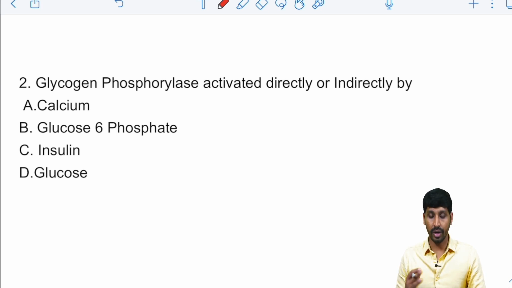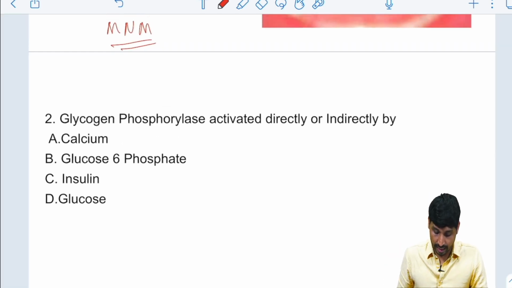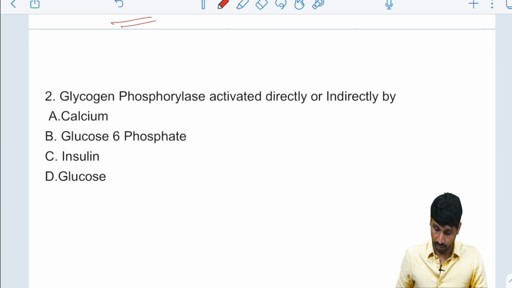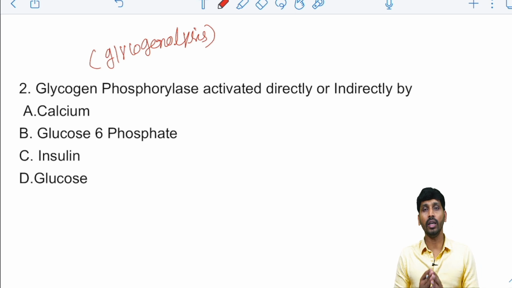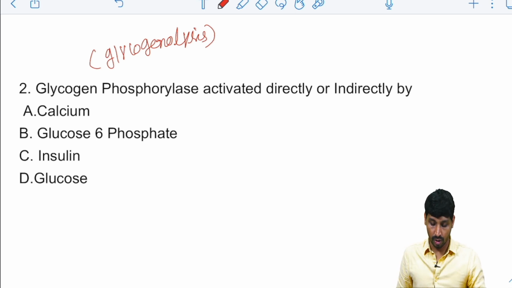So according to me, what is glycogen phosphorylase? Glycogen phosphorylase is the enzyme of glycogenolysis, to break down glycogen, right. If you are breaking down glycogen, what are the products?